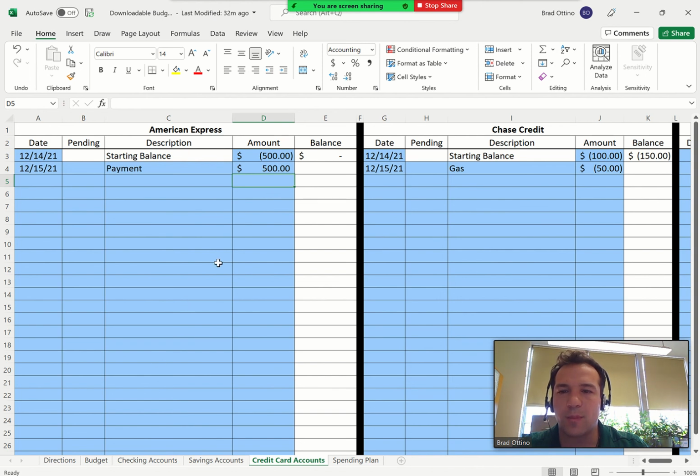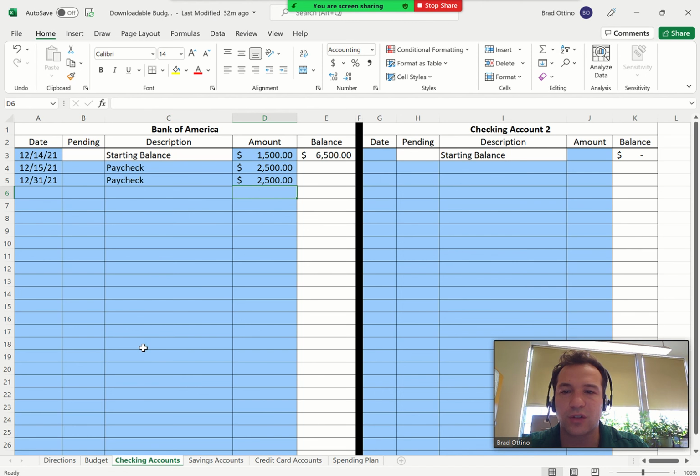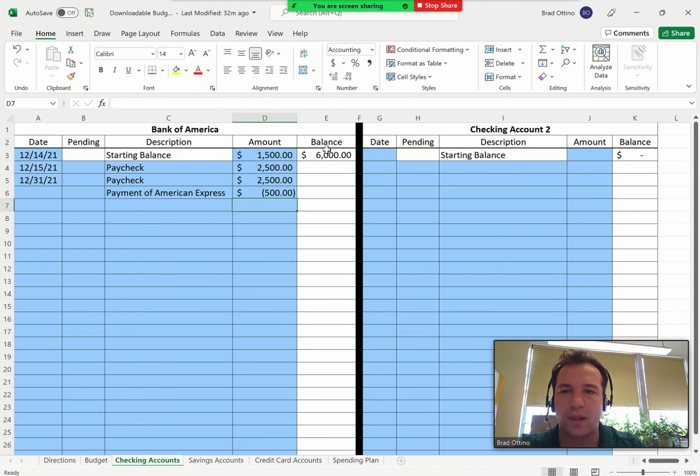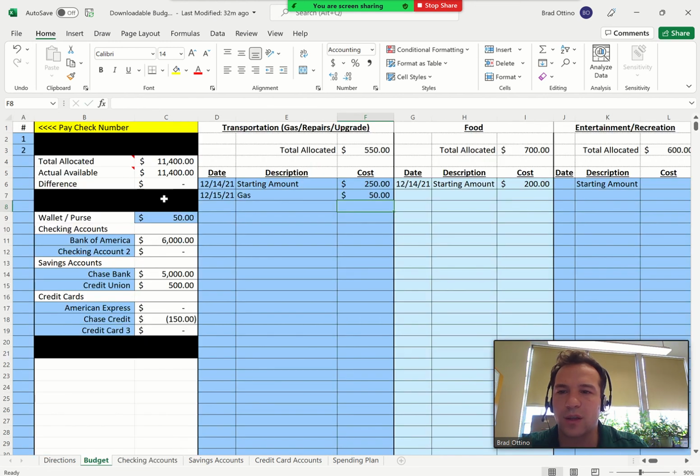In order to pay that American Express bill, it's coming from my checking account. So I'll put payment of American Express minus 500. So the balance of my checking account went down. Perhaps I paid this also at the end of the month. And we could see everything is still balanced.